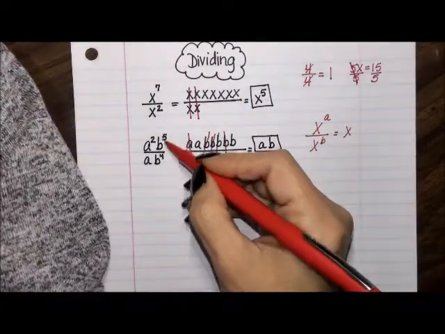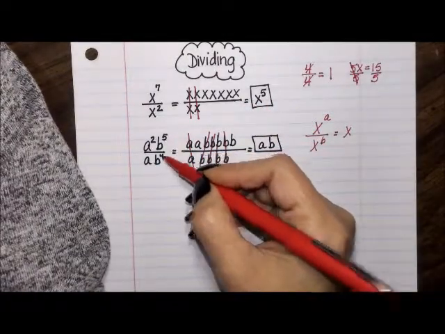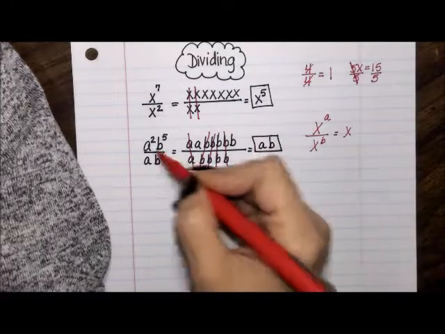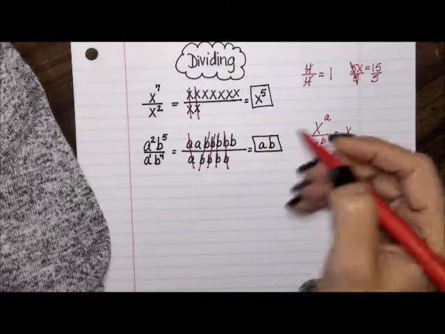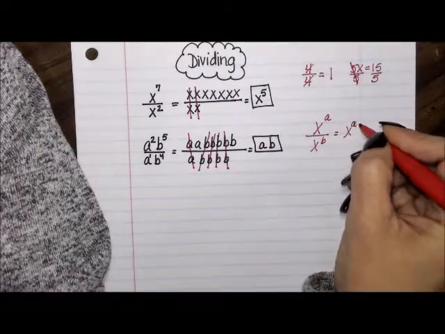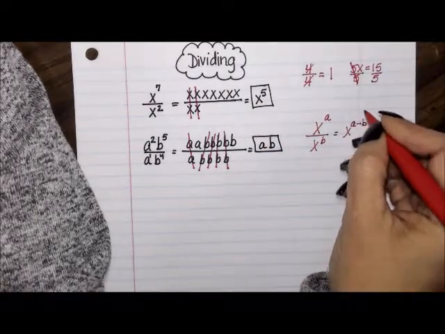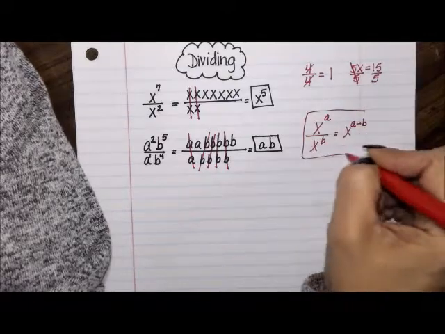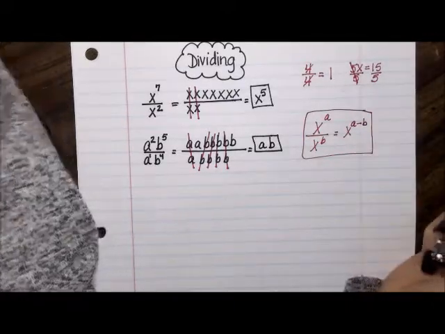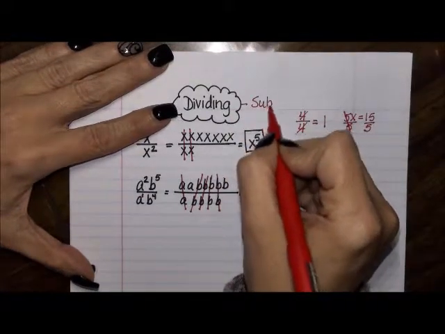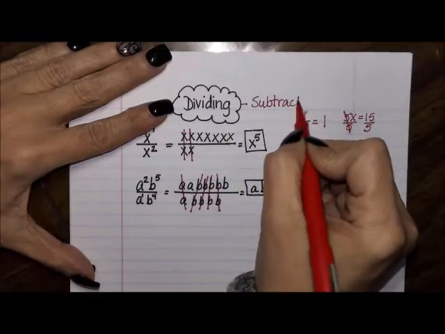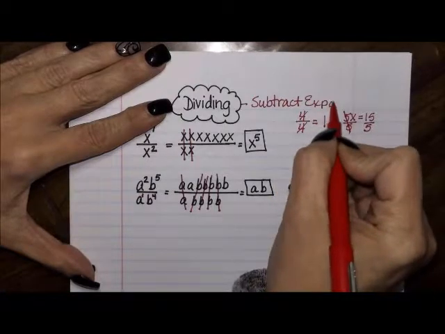Well, 5 minus 4 would be 1. 2 minus 1 would be 1. So you're actually subtracting. Oh boy. Like I said, there's those rules again. So when you're dividing, we are going to subtract exponents.